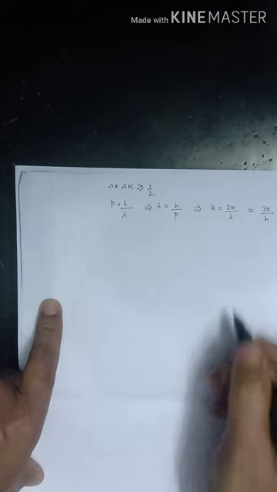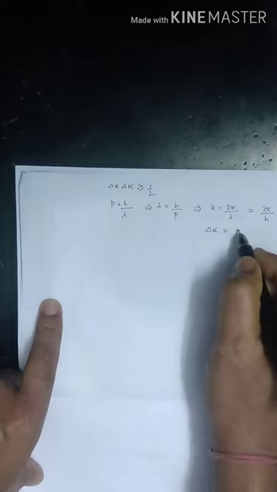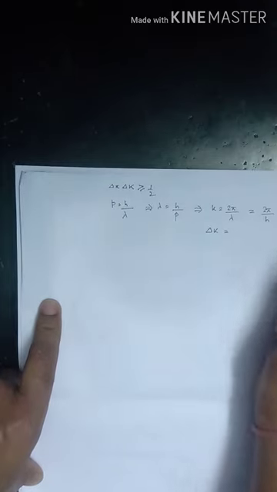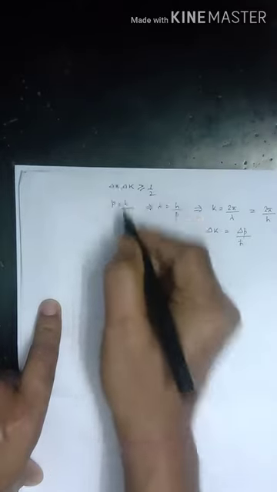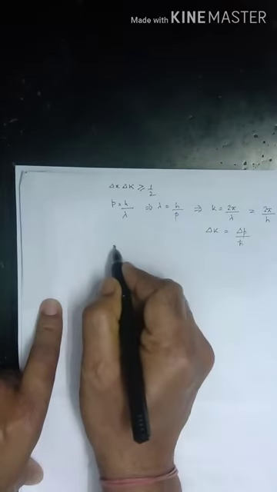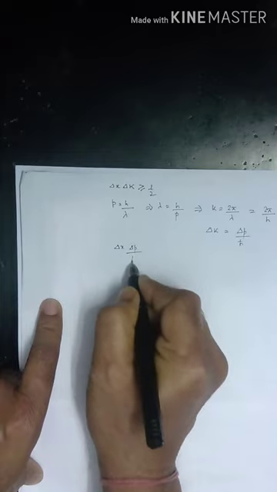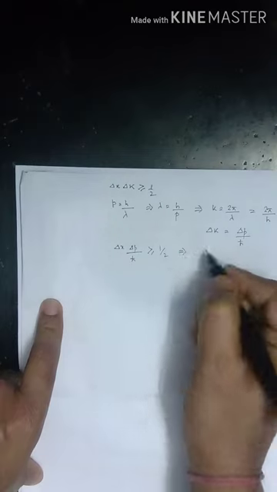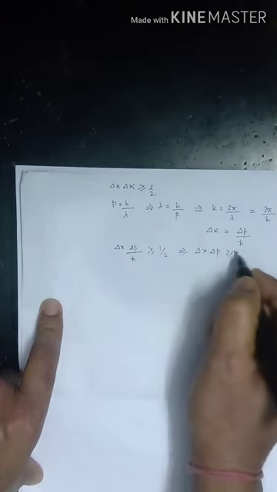So if I now want to find delta k for this particular case, this is p by h cross, and this can be written as delta p by h cross. If you substitute the value of delta k, then this can be written as delta x into delta p by h cross greater than or equal to half, which is delta x into delta p greater than or equal to h cross by 2.